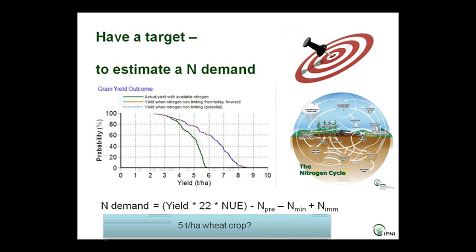The first thing you've got to do if you're working out your nitrogen management strategy is to have a target, and you need to do an estimated nitrogen demand.